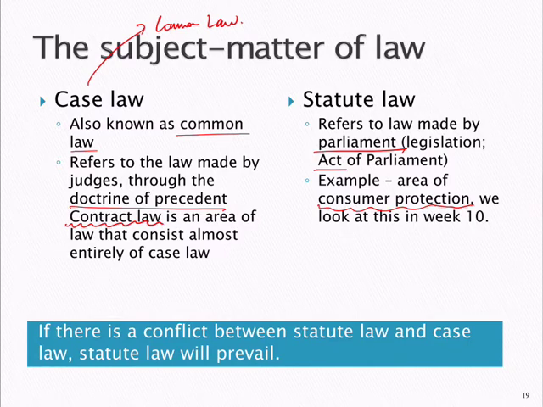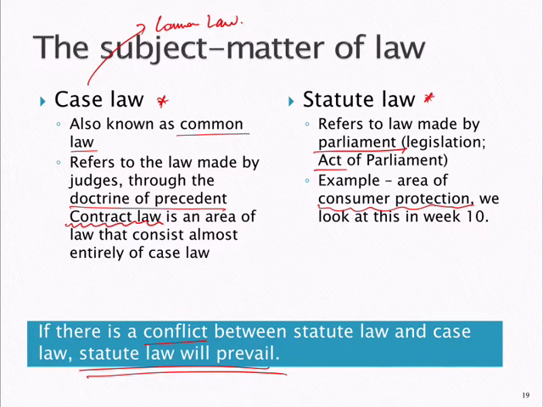Statute law, case law. Really importantly, if we have a conflict, say the judges say one thing in case law, and then Parliament comes along and writes a statute, which one wins? Statute will prevail, provided it's within the power of the Parliament. Why?